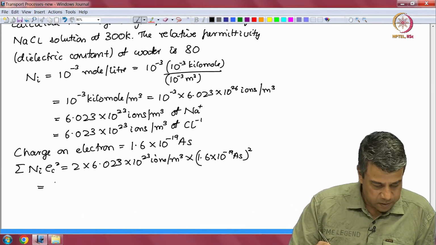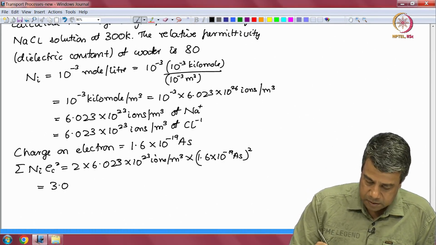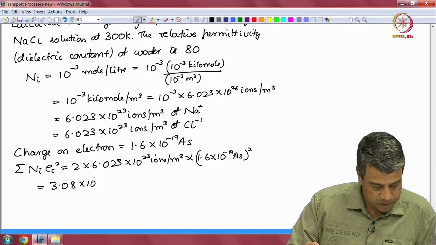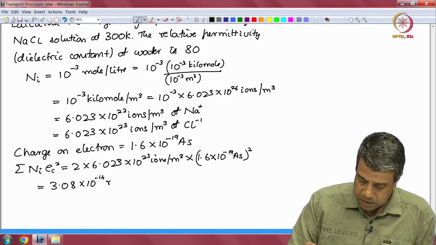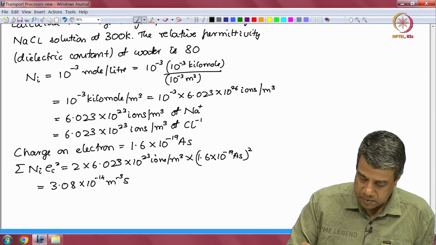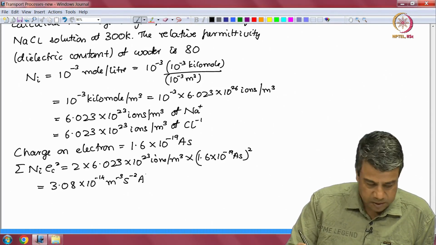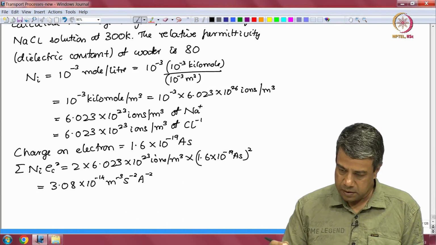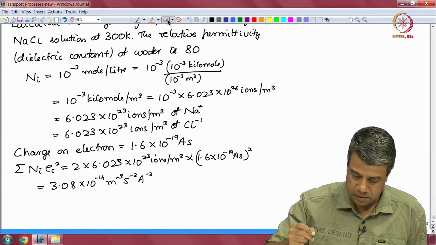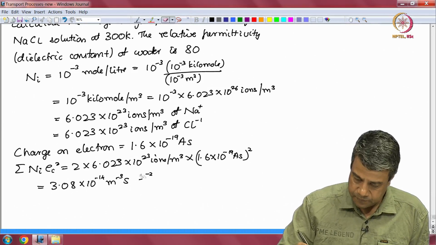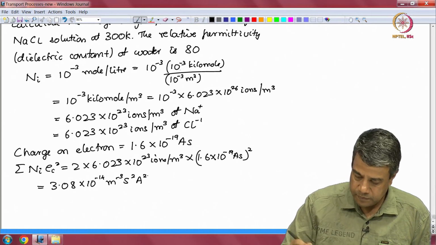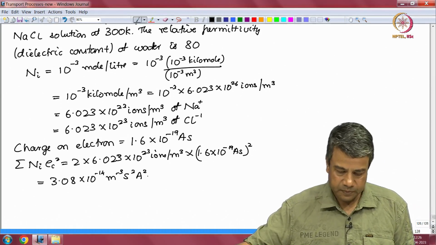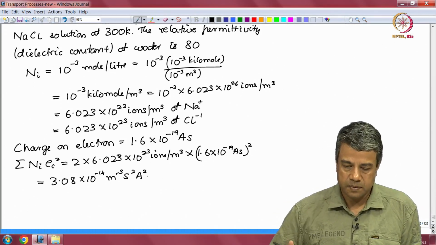So this is going to be equal to 3.08 into 10 power minus 14 meter power minus 3 second power minus 2 A power minus 2, A square, I am sorry. So that is the term in the denominator.